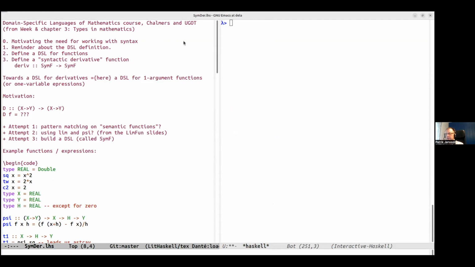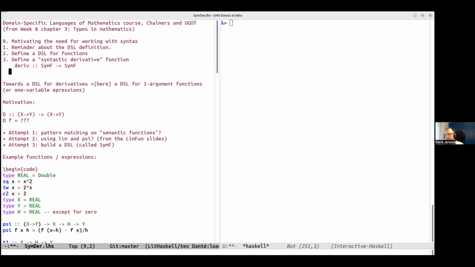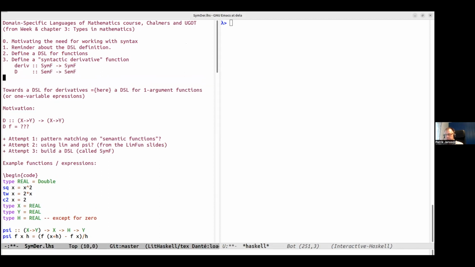So this takes a symbolic function to a symbolic function, and it's similar to the D, which takes a semantic function to a semantic function, where the type semantic function is real to real. So this cannot be implemented, but this can and will be implemented.